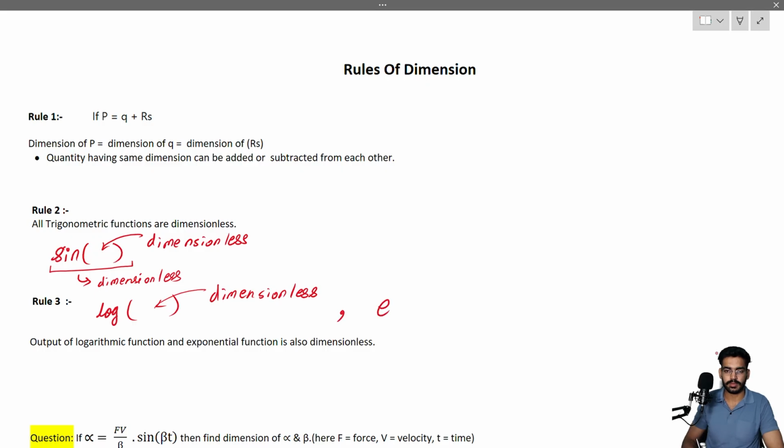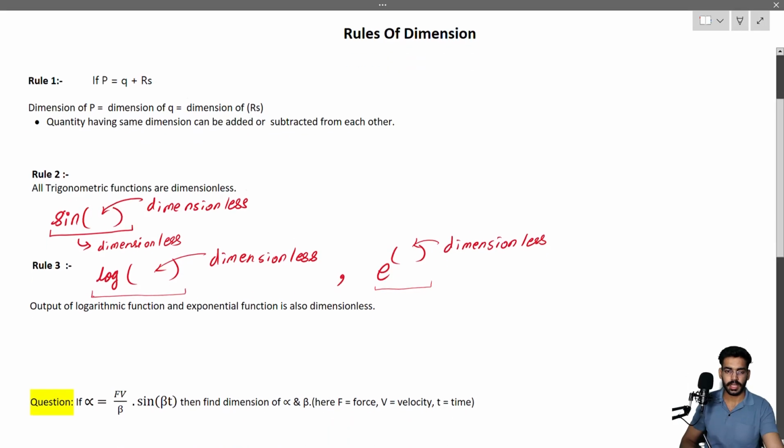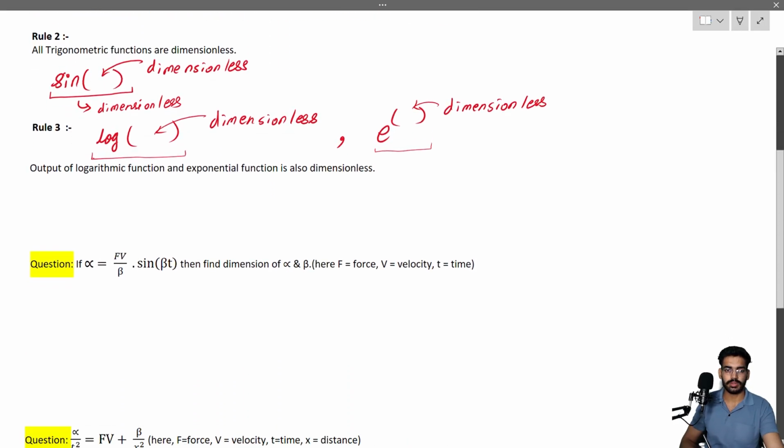Then we have e raised to a power. Whatever power e is raised to, that is also dimensionless. So the output of logarithmic and exponential functions is also dimensionless; this whole function is also dimensionless. That's all. I hope you understand. Now let's see how to use these things.